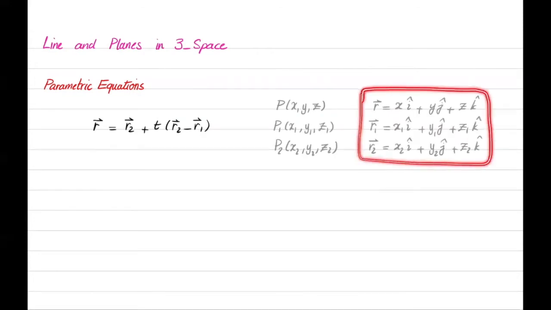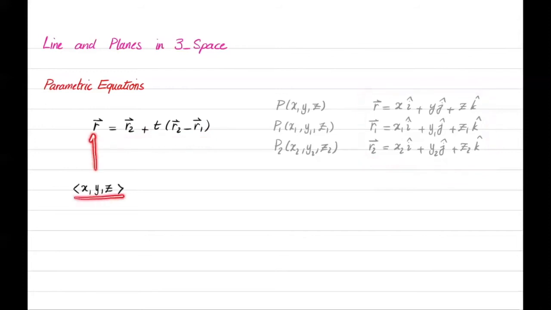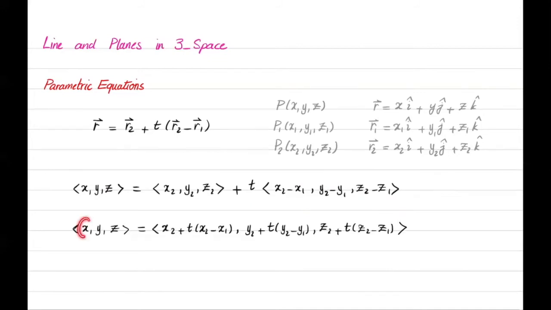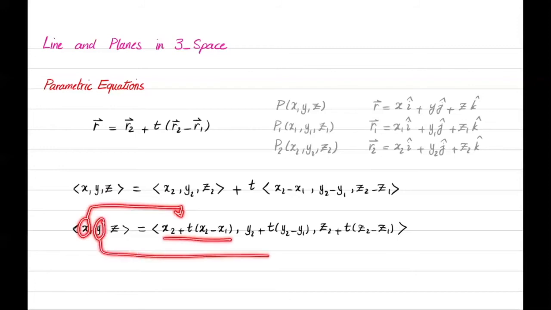We can write this equation as x, y, z, which is vector R, equals x2, y2, z2, which is vector R2, plus T times the vector x2 minus x1, y2 minus y1, and z2 minus z1. This is also equal to a vector in which each component is equal to the corresponding component, and y is equal to this term, and also z is equal to this one here.